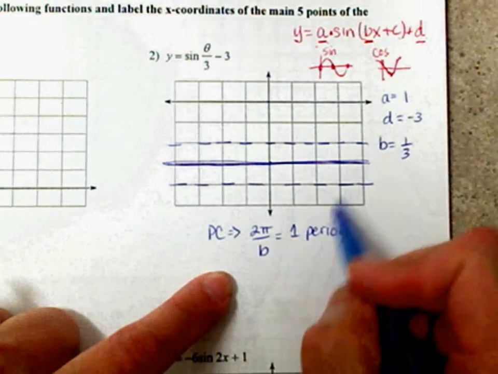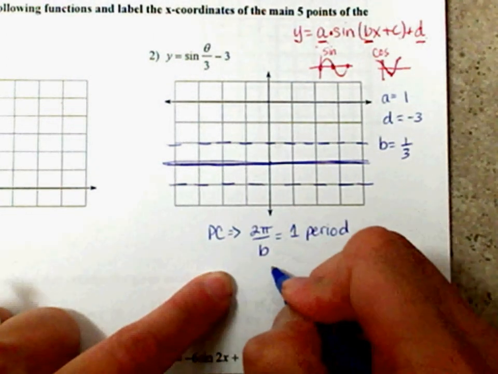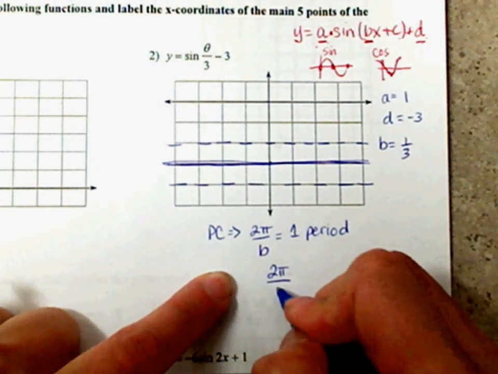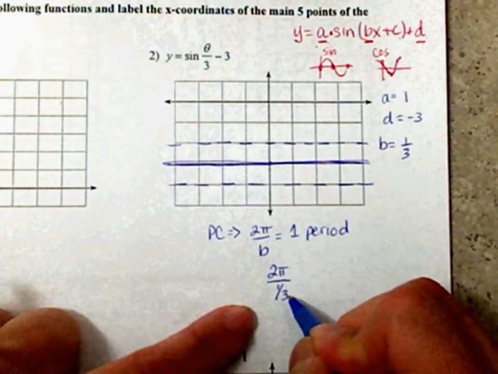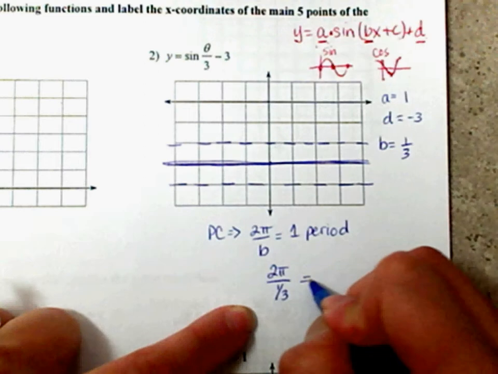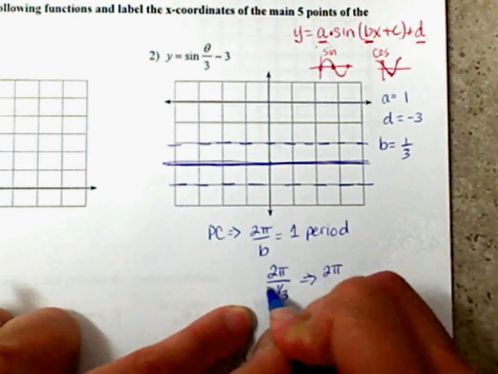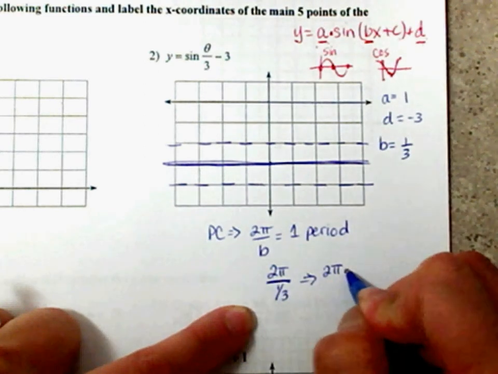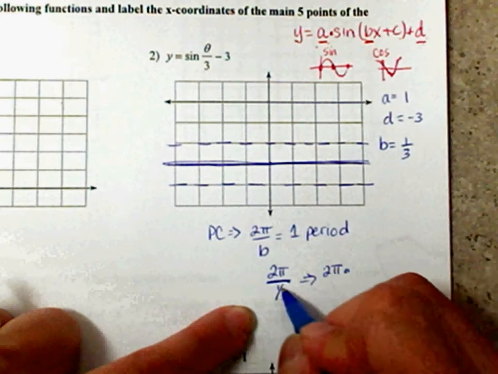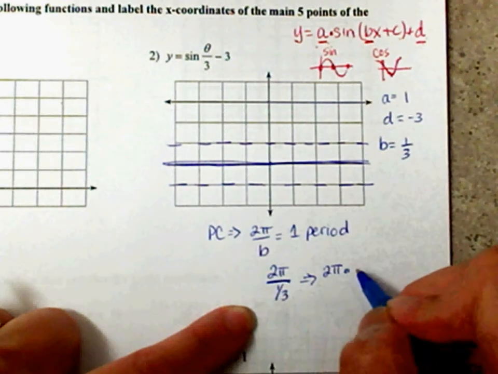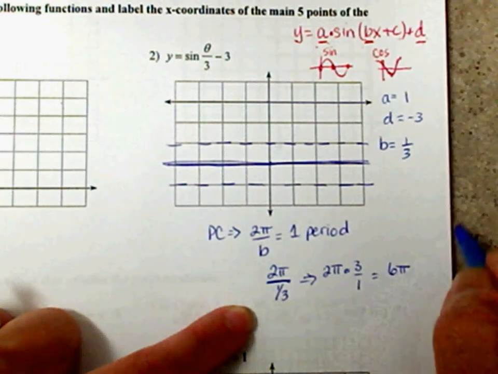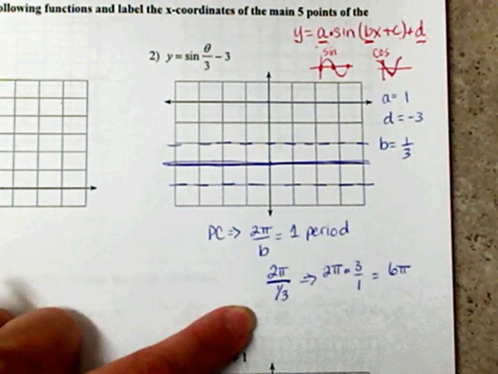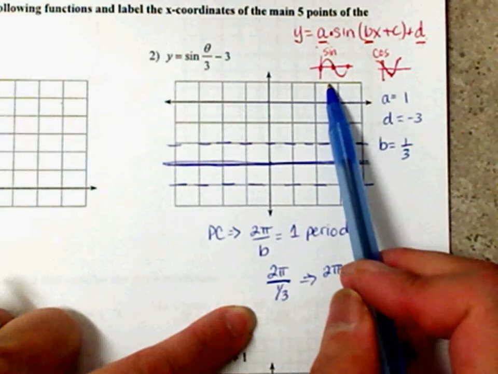For one period, we have 2 pi over B. What is your B? 1/3. You need to take the reciprocal of that, so instead of dividing, the reciprocal is multiplication, and you flip 1/3, so it's 3/1. So a period of 6 pi will graph you all of the sine graph, which looks like this one.